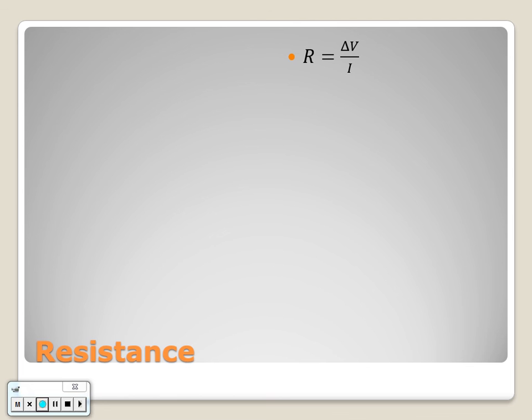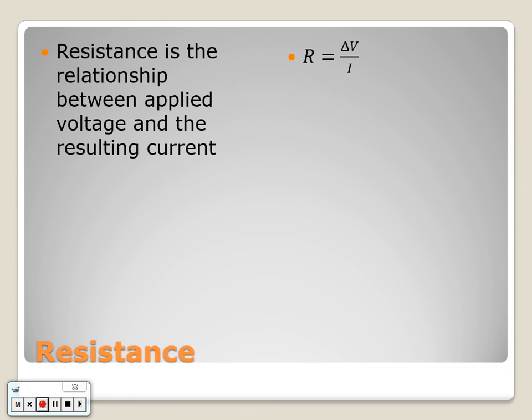That's how we measure the resistance of something. How much energy is it taking us to create current through this material? So, resistance is a relationship between the applied voltage and the resulting current.